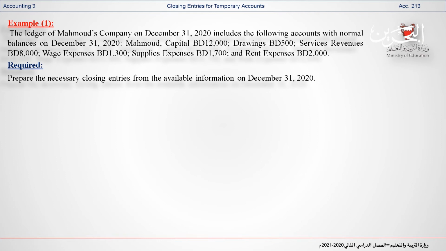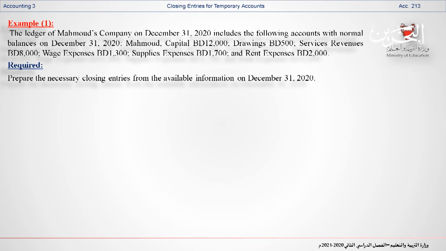The ledger of Mahmoud's company on December 31st, 2020 includes the following accounts with normal balances: Mahmoud Capital 12,000 BD, Drawings 500 BD, Services Revenues 8,000 BD, Wage Expenses 1,300 BD, Supplies Expenses 1,700 BD, and Rent Expenses of 2,000 BD.